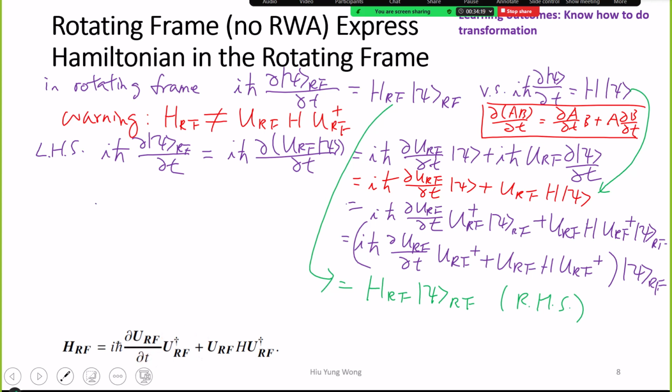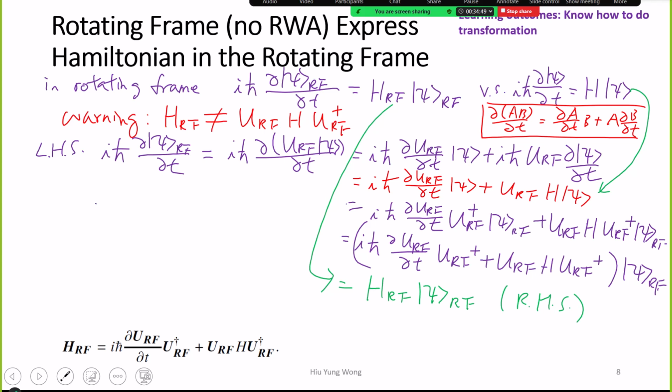Now, you don't need to memorize this, but the most important thing in this slide is to tell you that when you do transformation in the future, do not take it for granted. You need to be careful about whether it's time dependent or not. And then all this math skill, you should be able to use it, understand it. Any questions? So don't worry too much, this is not in the midterm.